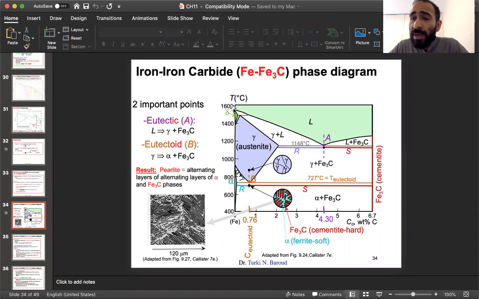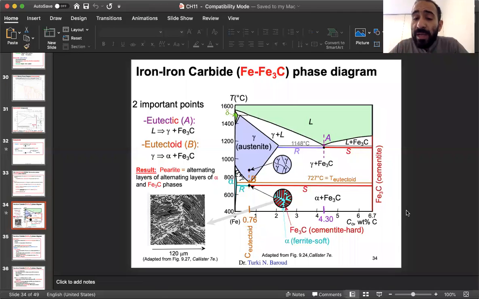I think this is now very clear because we have repeated this many times. Now let's look at the x-axis. On the x-axis, you have the carbon weight percentage: how much carbon we're going to add to the alloy. This should start from 0 and end at 100% carbon, but for most practical applications you don't need to go beyond 6.7 weight percent.